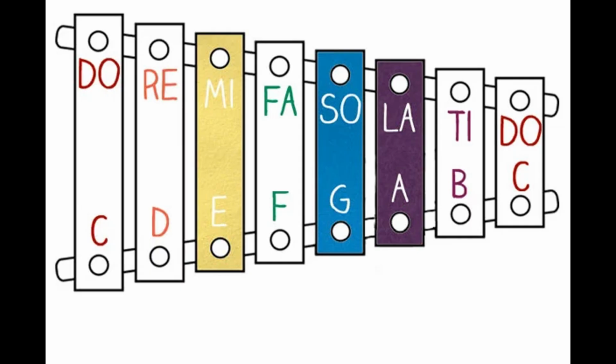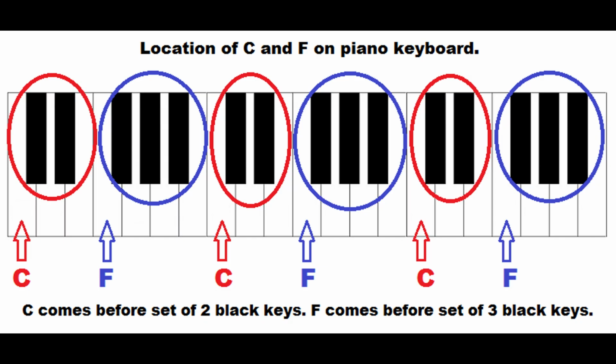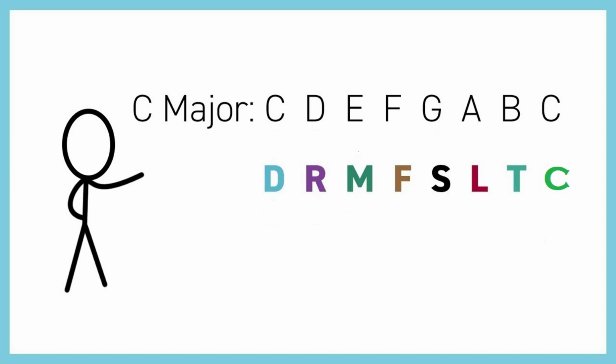In music, on a real piano, the C key is always just to the left of the two black keys. If you count 8 notes forward from a C key, you'll land on another C, one octave higher. So how do we solve this in Scratch? Here's how.